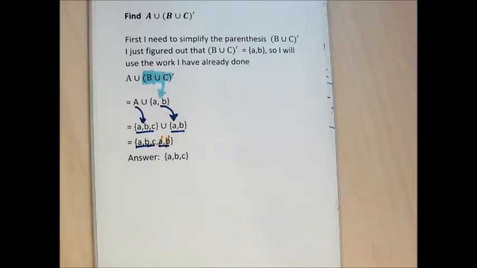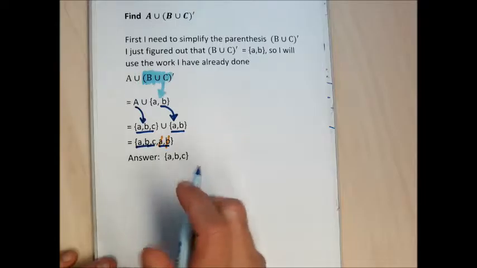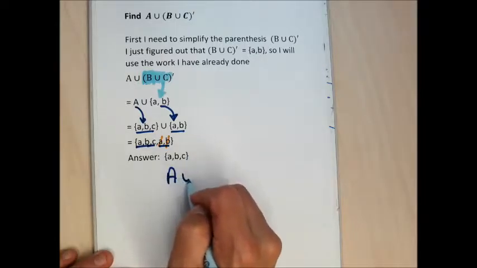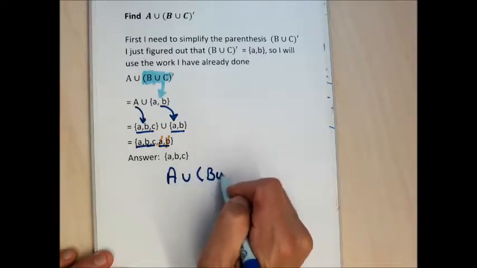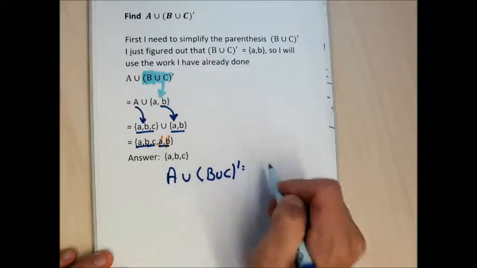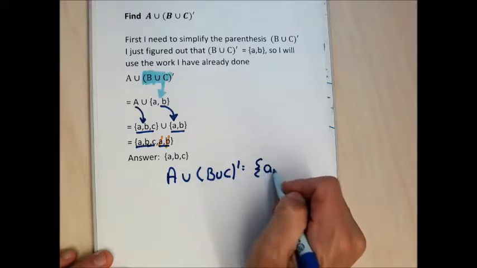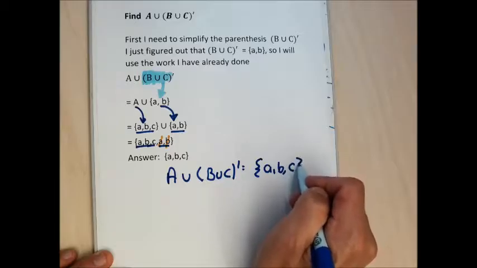Since there were two A's and two B's, I only wrote one A and one B in my answer. My answer to what A union B union C complement is the set containing the letters A, B, and C.